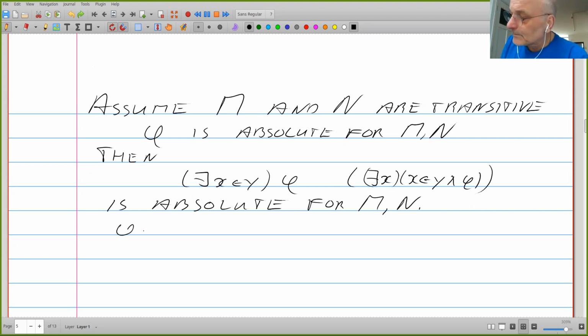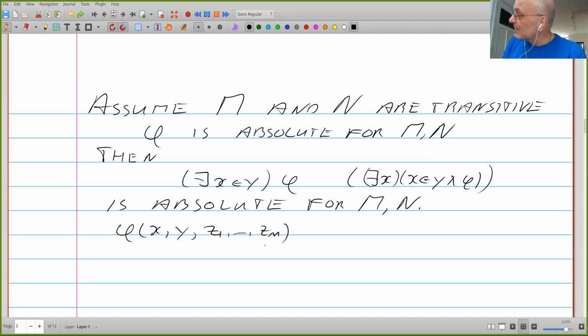Again, let's see. The formula has a few free variables, and they are among X, Y, Z1 up to Zn.